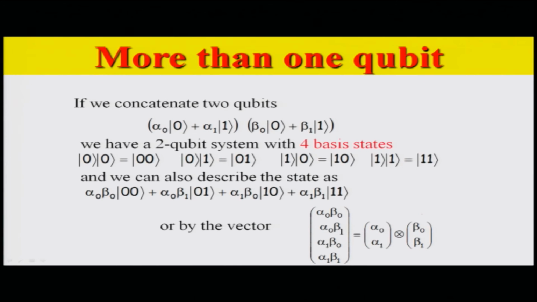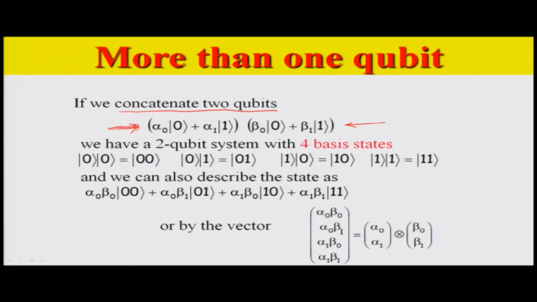Once we have more than one qubit, we can get more of these things happening. We can actually concatenate two qubits in this fashion. For example, we can have one Mach-Zehnder set up a superposition state as we show here, and another one with another set of superposition, and then we can have the two-qubit system working in this way with 4 basis states now, because we can concatenate two qubits in this fashion.